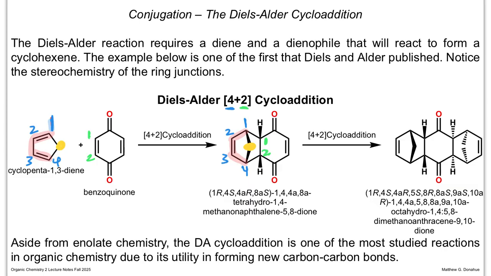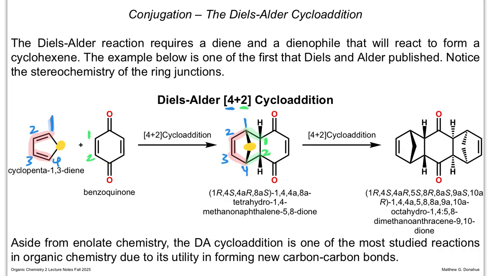So the new bonds that we formed, I'll just highlight them in green. So if we count 4 plus 2, that's 6. And then overall, if you look at the new ring that was formed, it's this ring right here. That's a 6-membered ring.